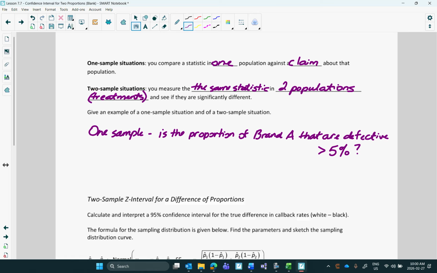So those are like ones that we've been doing, and we did at the beginning of the unit. A two sample one though.